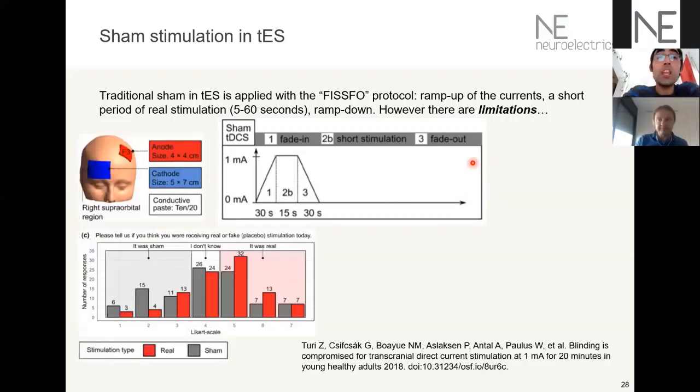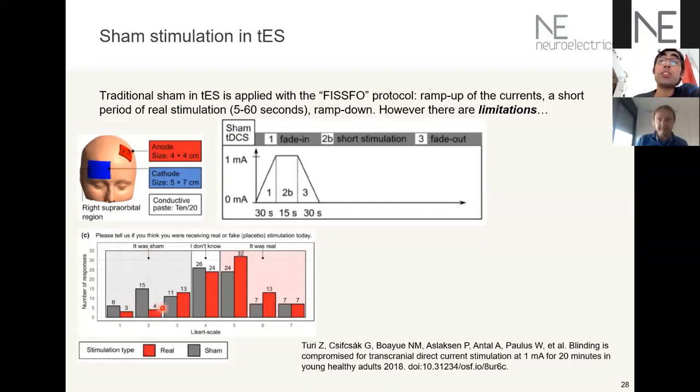But the problem here is that patients can actually tell the difference between this and real stimulation. So in this study, the authors compared sham and active stimulation in a montage with 2 electrodes, and after the study, they asked the patients if they had received sham or real stimulation.